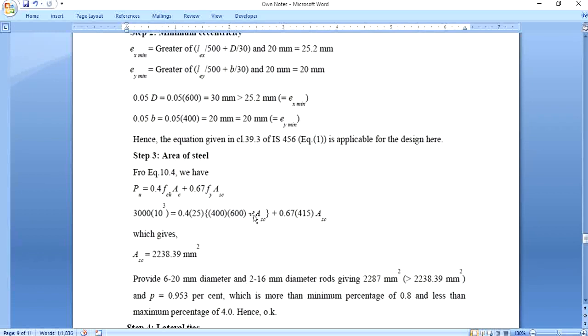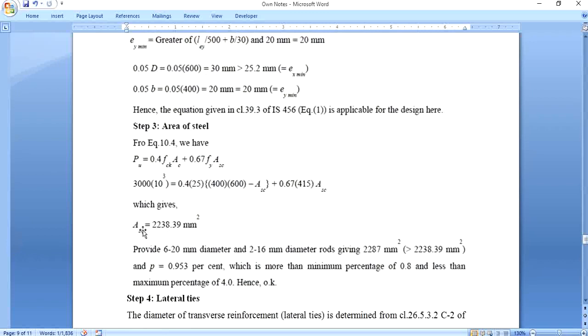Gross sectional area minus area of steel gives us the area of concrete. You have to remember this point very carefully. Plus 0.67 into 415, the grade of steel, that is Fy, and the area of steel I keep as it is. So ASC is equal to 2238.39 mm square.